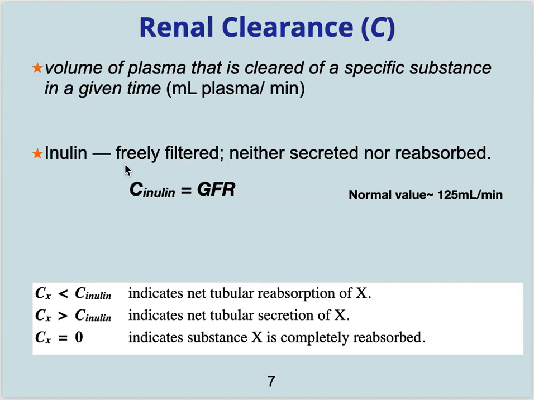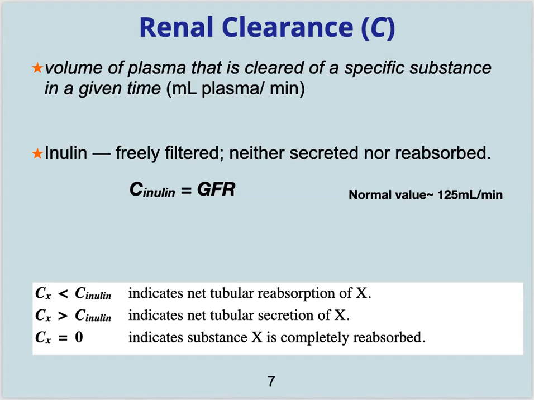When it's injected into blood, it's freely filtered into Bowman's capsule, but it's neither secreted nor reabsorbed by the renal tubules. In other words, 100% of the inulin that is filtered into the tubule will be excreted.